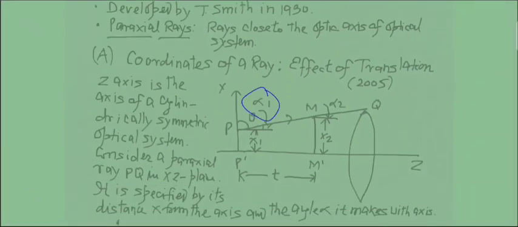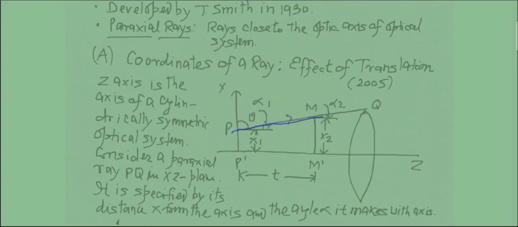The angle alpha is alpha 1 and alpha 2. For generality we have shown it by alpha 1 and alpha 2, but in reality this angle alpha and this angle alpha, which have been denoted by alpha 1 and alpha 2, are equal. Why? Because this line PQ is a straight line.